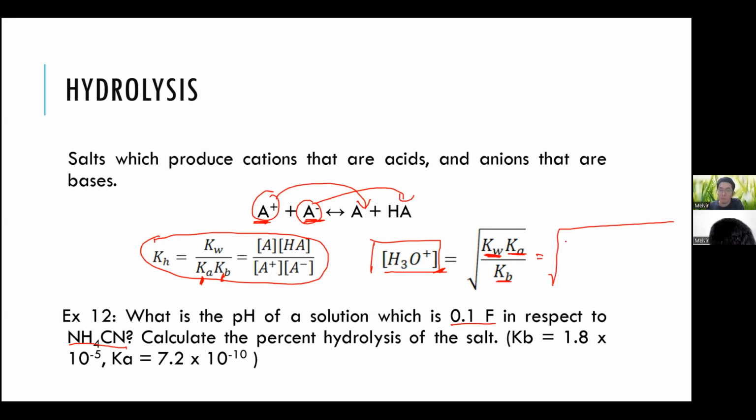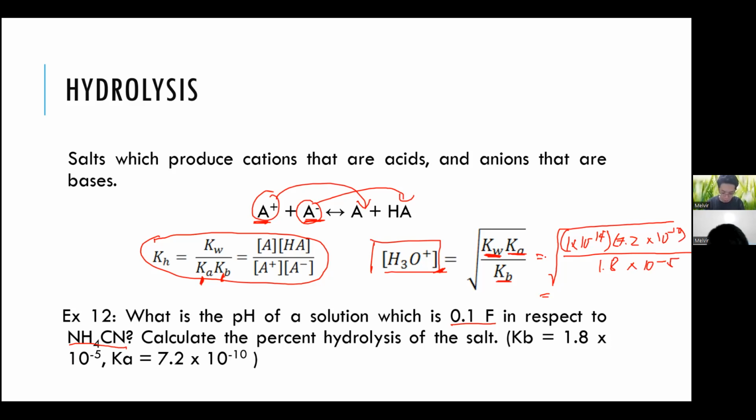The square root of 1 times 10 to the negative 14 times your Ka, which is 7.2 times 10 to the negative 10, all over your Kb, which is 1.8 times 10 to the negative 5.